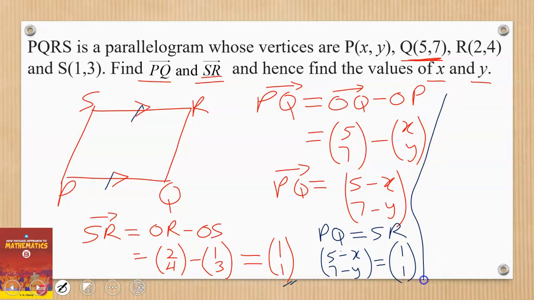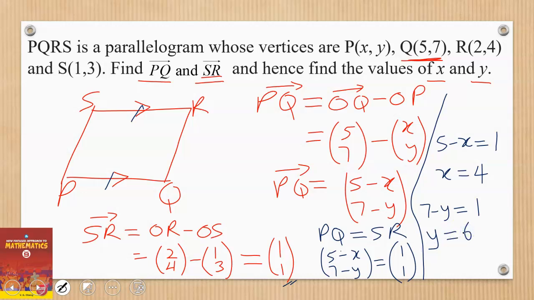So if two vectors are equal, then the X components are the same, and the Y components are also the same. That means 5 minus X should be equal to 1, which means X is equal to 4. Then again, 7 minus Y should be equal to 1. That means Y is equal to 6.